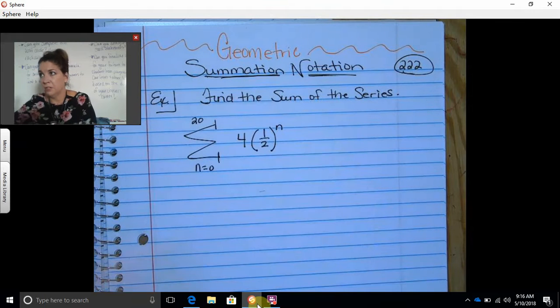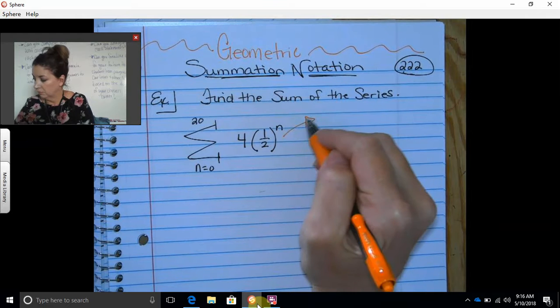If we had the numbers written out, like 2, 4, 8, 16, like I was multiplying times 2, geometric. Of course, we're going to write that out.